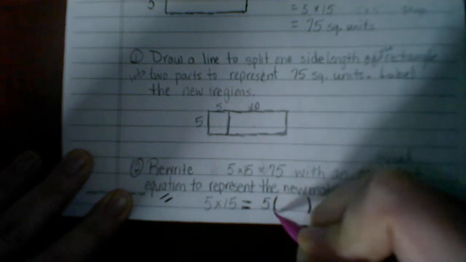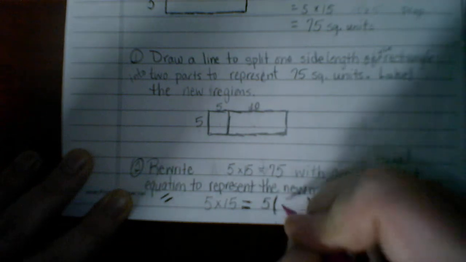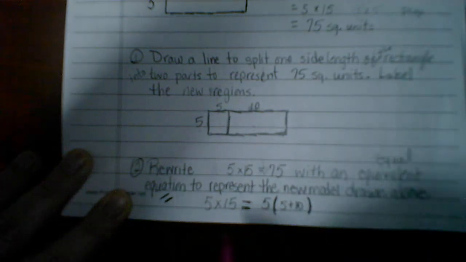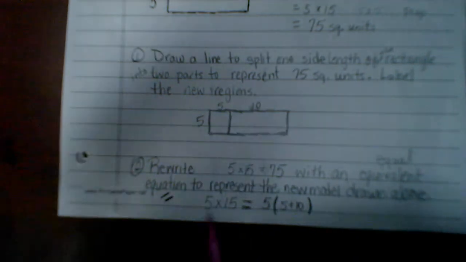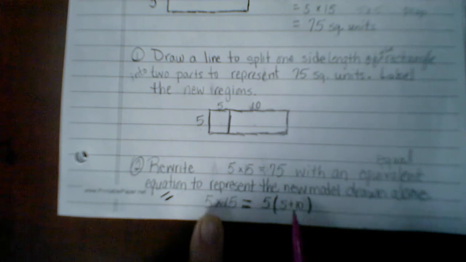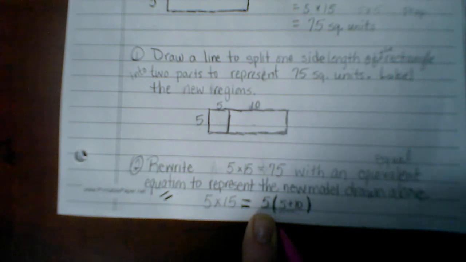If we have parentheses right next to a number, it means times. 5 times (5 plus 10). The reason I knew to do that was this side says 5 times 15, and this side says 5 times, order of operations, parentheses are first, 15. We just wrote it different. It says the same exact thing. 5 times (5 plus 10).